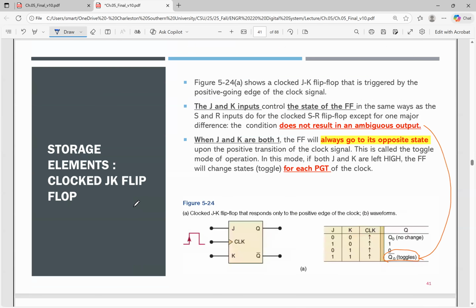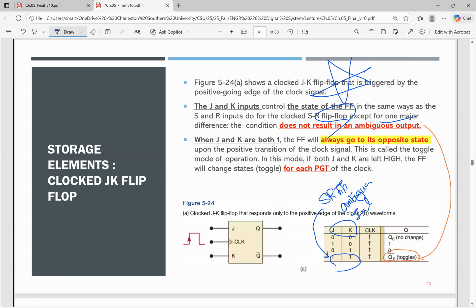So this is the JK flip-flop, very important. Okay, so the JK inputs control the state of the flip-flop in the same way as the S and R inputs of the SR flip-flop, except for one major difference. The SR flip-flop has the ambiguous, sometimes invalid, case.